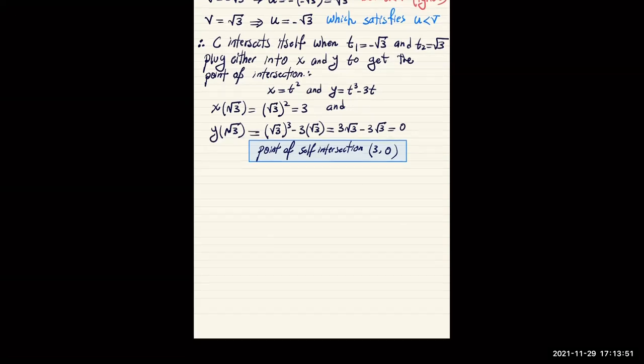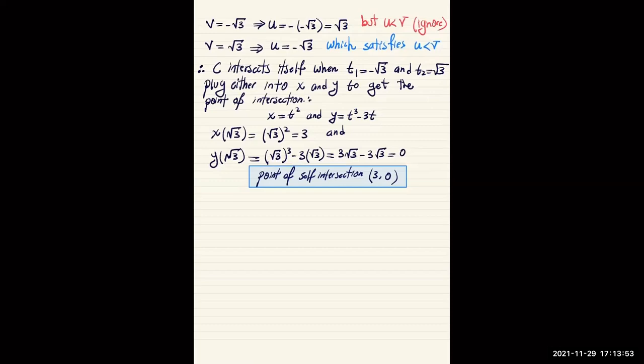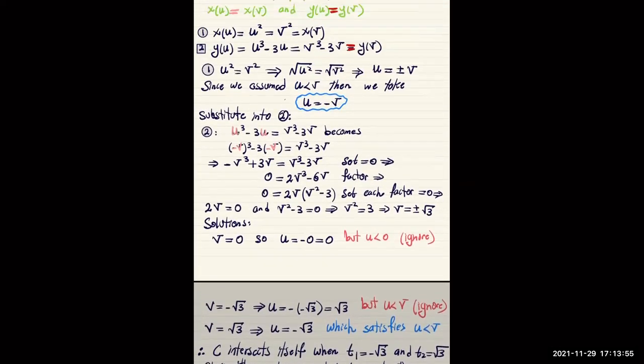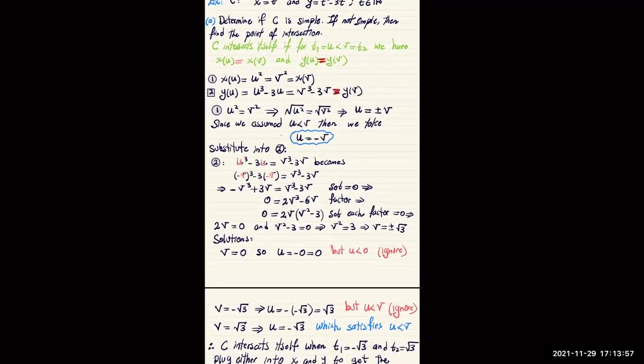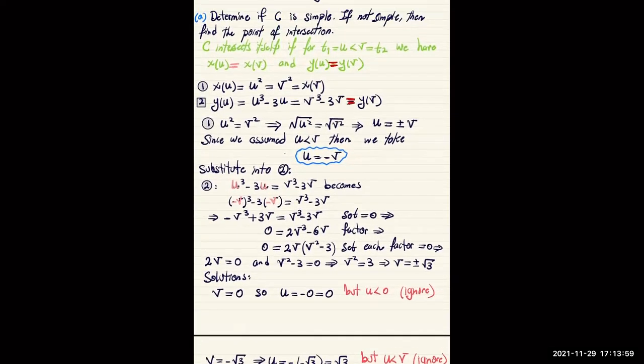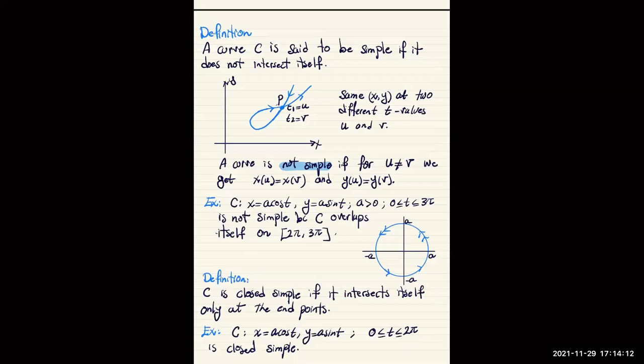Any other questions? Professor, could you go back to the beginning of the problem where you wrote C intersects itself? Is that just given? Is that part of the question? Yeah, this is just what I reviewed from the last section.